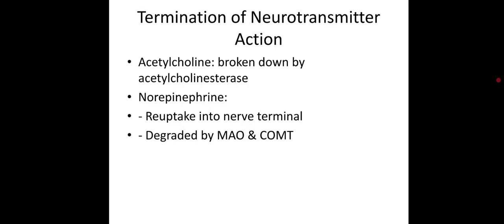Alpha 2 receptors have the function to stop the further release of the neurotransmitter norepinephrine. There are also norepinephrine transporters, which reuptake the norepinephrine into the neurons. And in neurons, two enzymes are present: monoamine oxidase, MAO, and catechol-O-methyltransferase. These two enzymes convert norepinephrine into inactive metabolites.